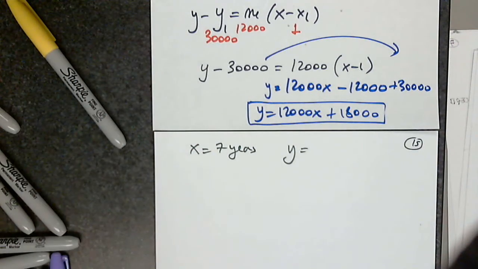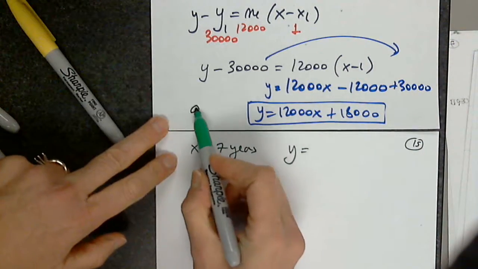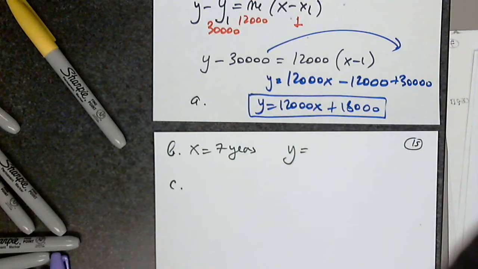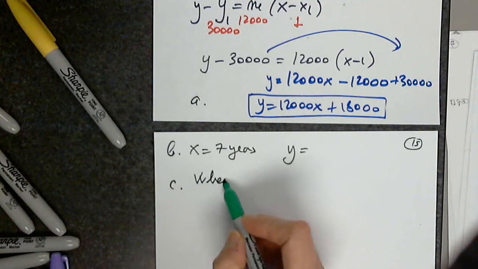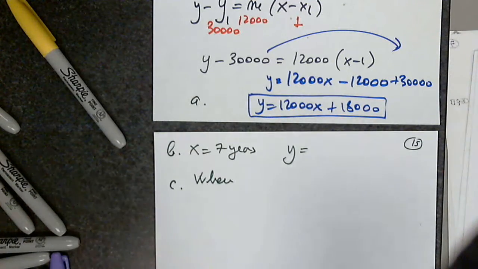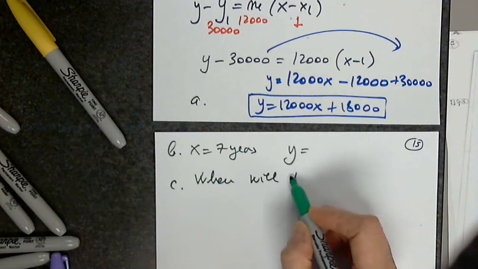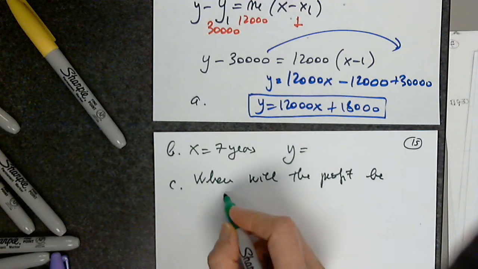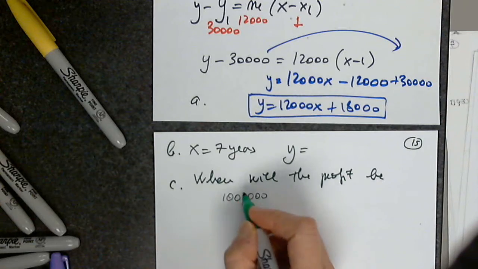And I want to add a question here to this problem. Here's my question. So this was part A, this is part B, and this is part C. Assuming the trend continues, when will the profit be 100,000?